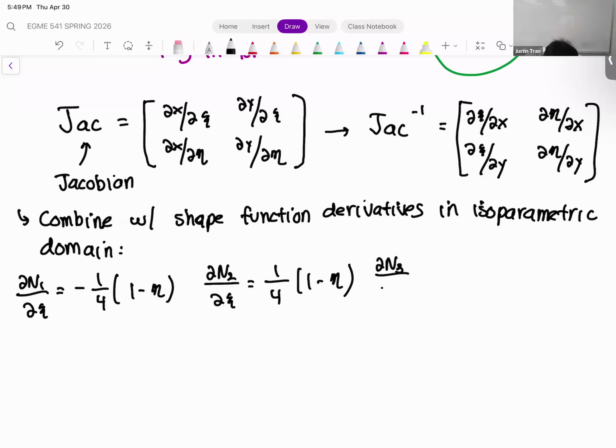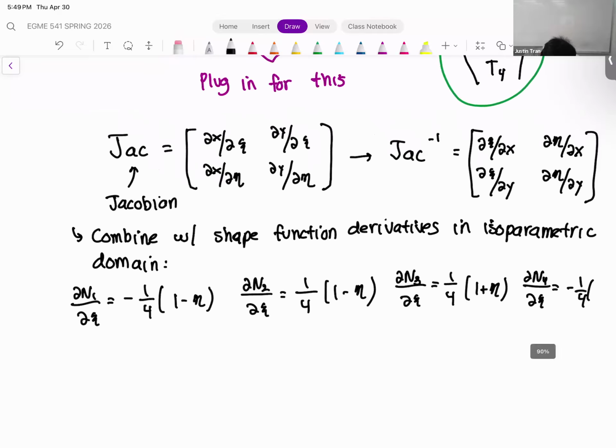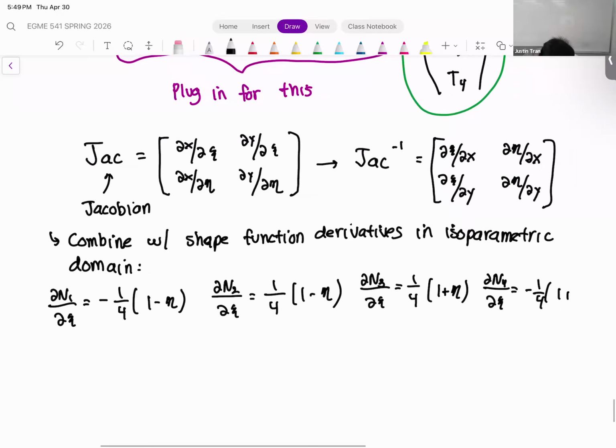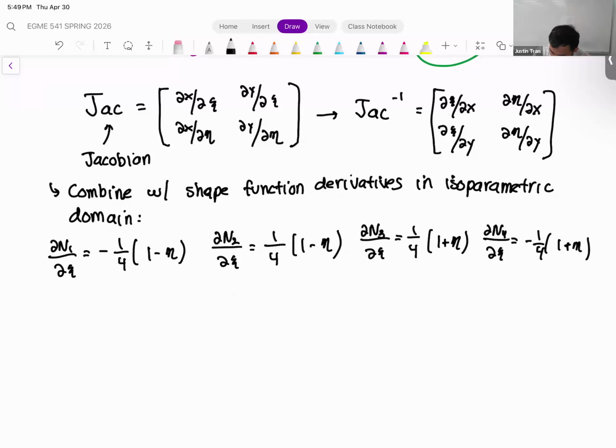Partial n3, partial epsilon is 1/4, 1 plus eta. And then partial n4, partial epsilon is minus 1/4, 1 plus eta. And then we have all the eta derivatives as well.